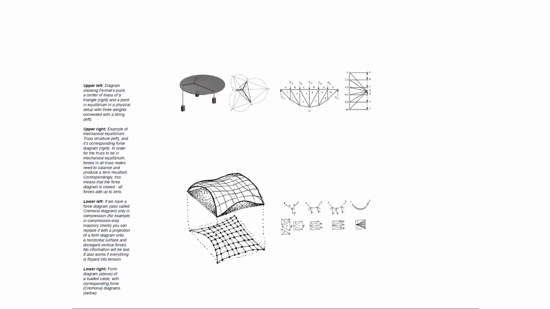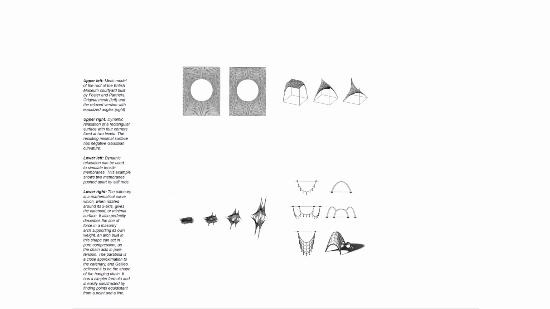Okay, and then another application of these is that you have something called Hooke's law. Okay, so Hooke's law tells you that if you have a catenary curve, so you have a chain that you hang, the forces in that chain form this kind of paraboloid.